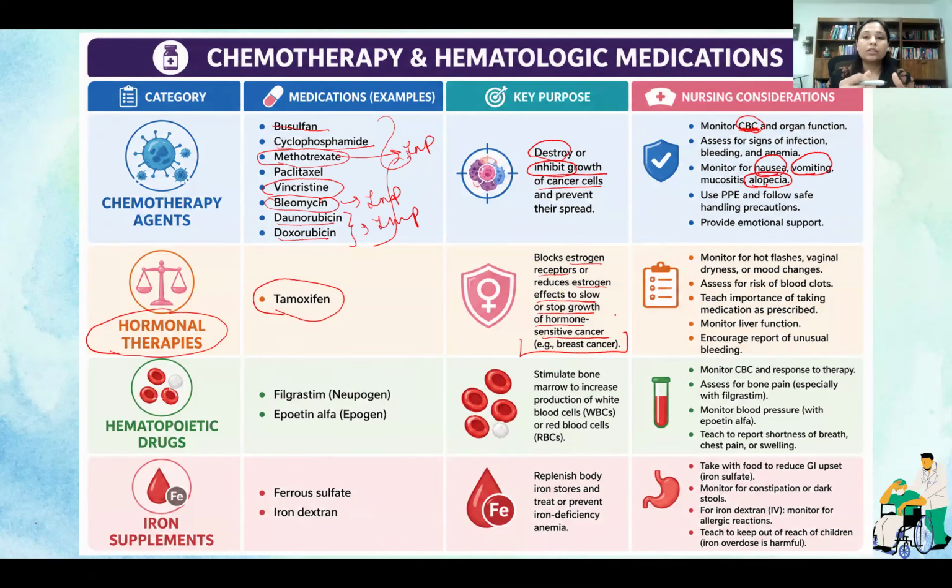So tamoxifen is prescribed in breast cancer because it blocks the estrogen receptors and thereby reduces the estrogen effect to slow or stop the growth of hormone-sensitive cancer.